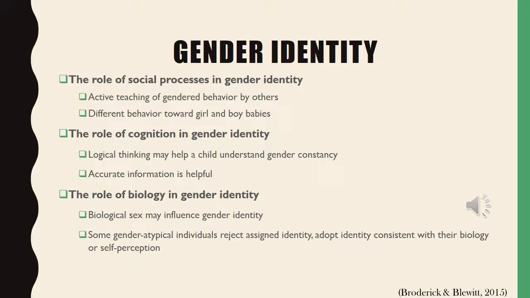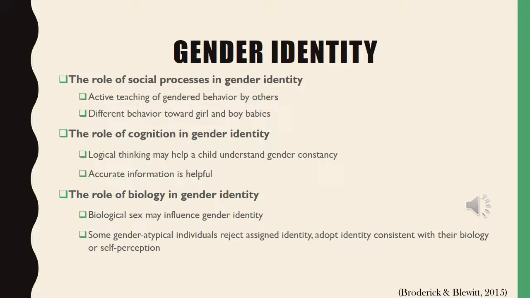And then accurate information is helpful. The book touches on an interesting area there, which is really giving children adequate language for their genitalia, whether they have penises or vaginas at that age, and beginning to teach them that is the biggest difference in how gender is assigned for that age.